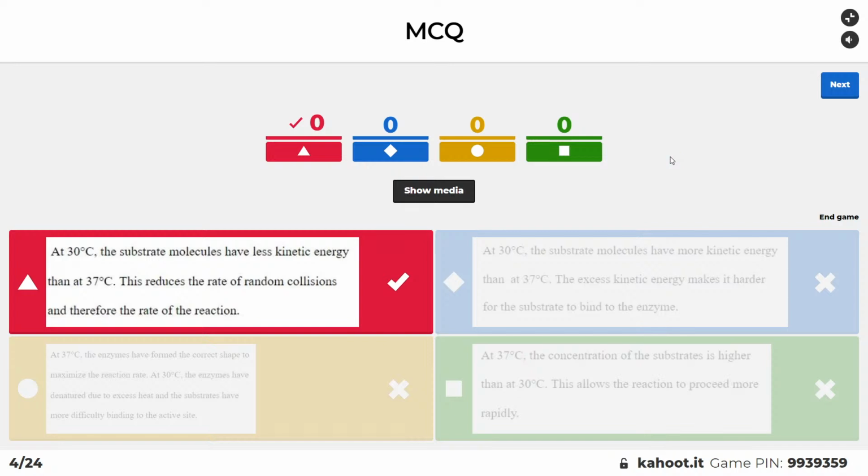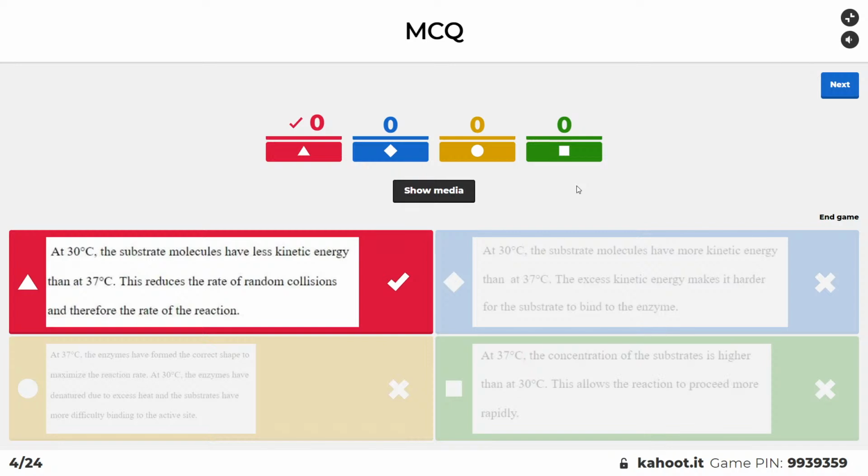So D is definitely wrong. C, enzymes form correct shape to maximize reaction rate at 30 degrees Celsius, enzymes are denatured. That's definitely wrong because lower temperatures won't have the enzymes denature. It's higher temperatures.